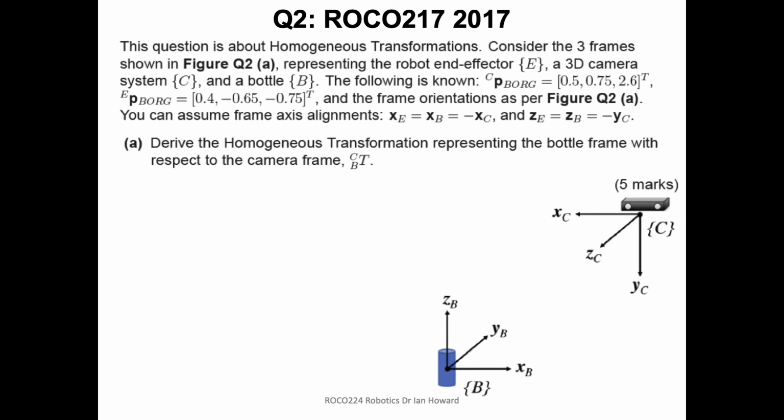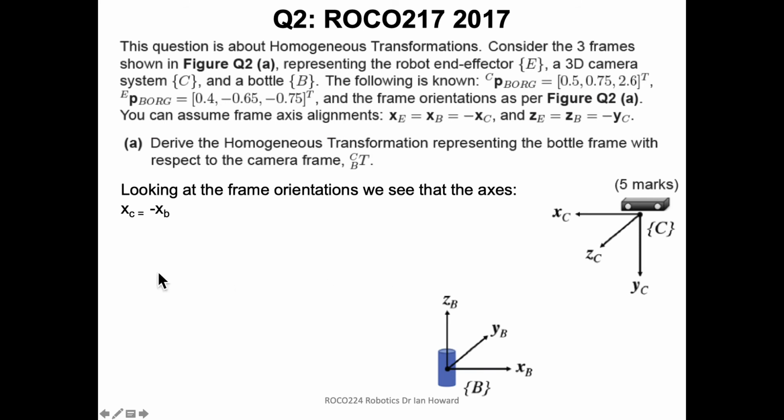first of all we need to line up the axes. We've got to look at C and see how it relates to B. Well, we see x of C is effectively minus x of B in terms of direction. We see YC, which is going down, represents minus ZB, so it's changing the sign and changing the axes.